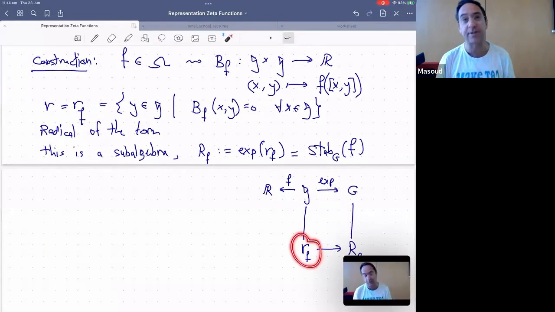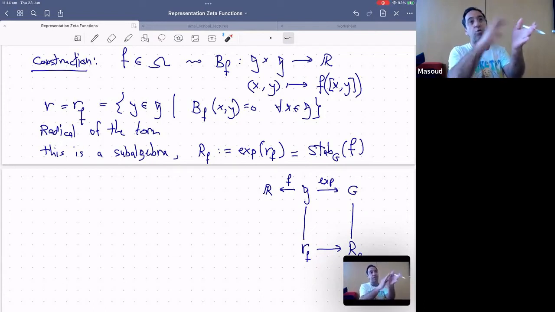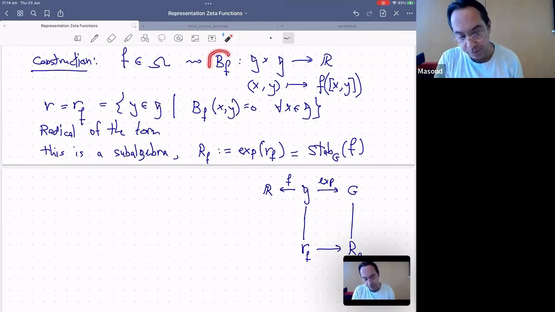The radical, for example, is such a subspace, but our radical is even more than that. The form vanishes when you restrict it to the radical cross G. The whole point of the radical is that it is orthogonal to the whole Lie algebra. So if you restrict the bilinear form here to the radical cross G, you get a zero map.